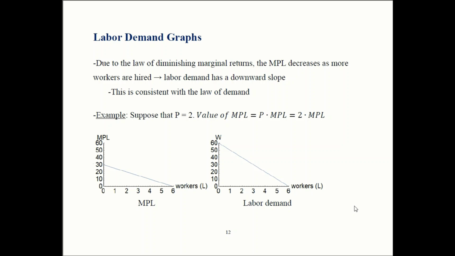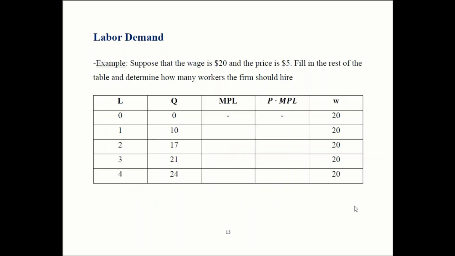That implies the demand curve always has a negative slope. Labor is no exception. Labor has the same demand that's downward sloping because of the law of diminishing marginal returns. So this is not really a separate subject, but rather a special application of what we learned about earlier in supply and demand.